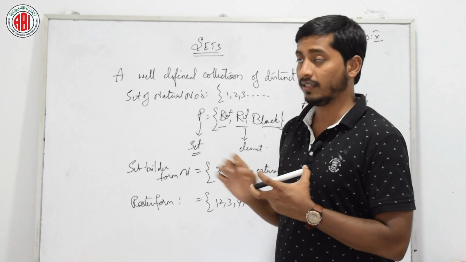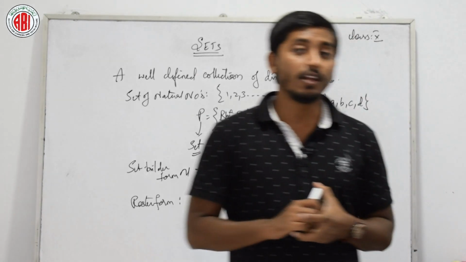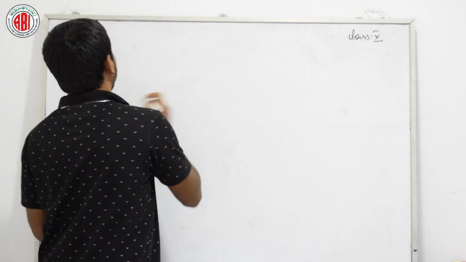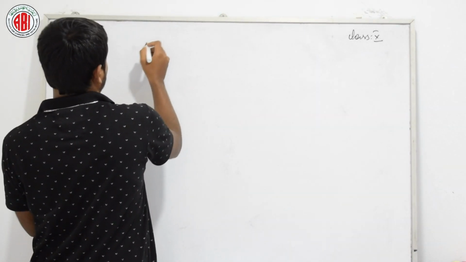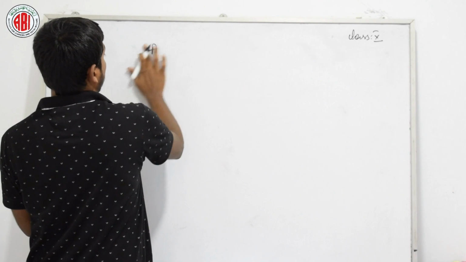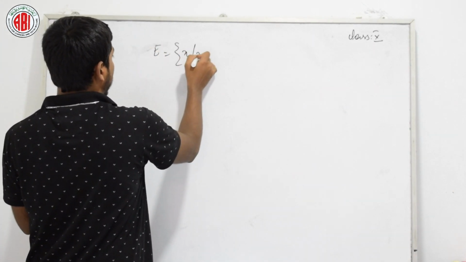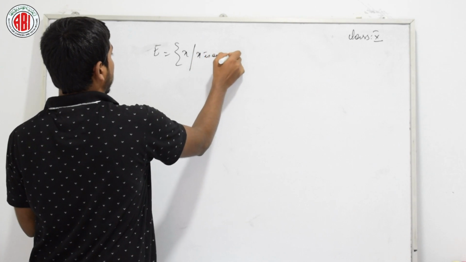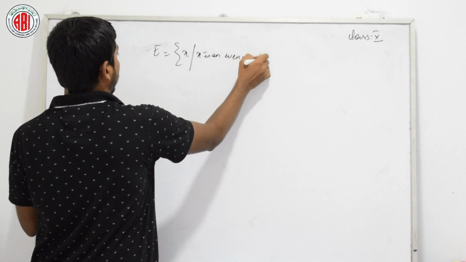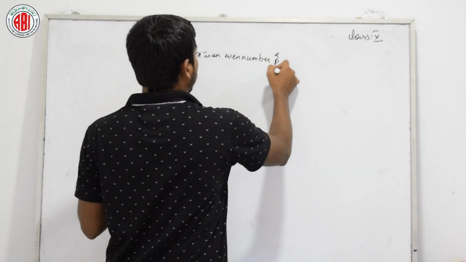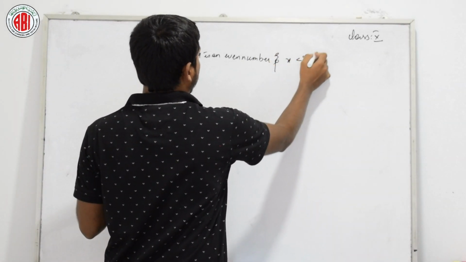Then let us have a few examples of sets. See here, let me have the set of even numbers. How to write? Let me write it as E. x such that x is an even number, and we have to give the limit: x is less than 21.